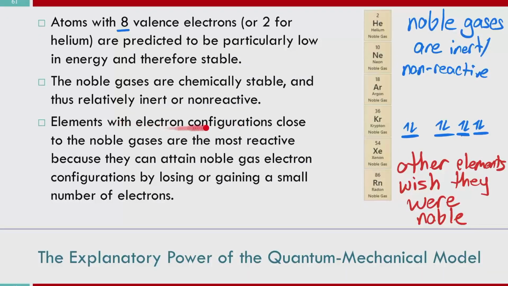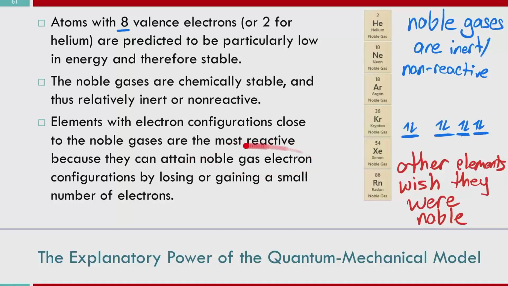So elements that have electron configurations close to the noble gases are very reactive, most reactive, because they can get noble gas electron configuration. We've been looking at ground state electron configuration. So just the element out in the wild by itself, how many electrons is it going to have? If we have ions, we can add electrons and we can take away electrons.